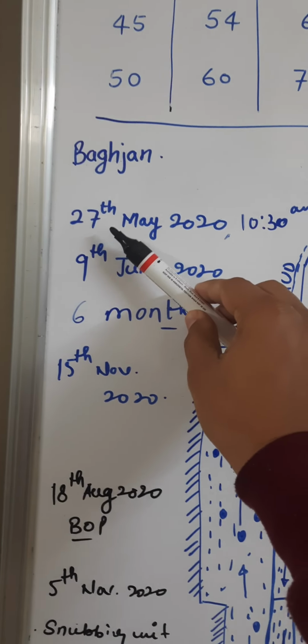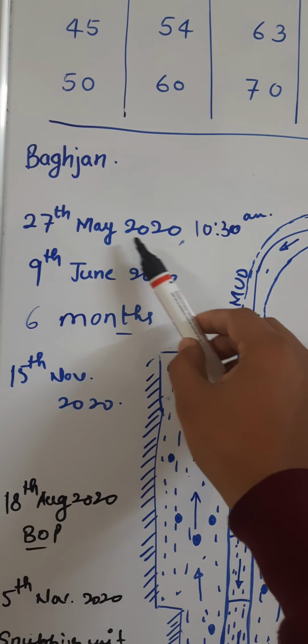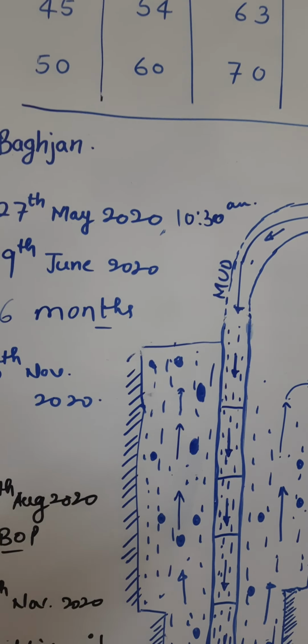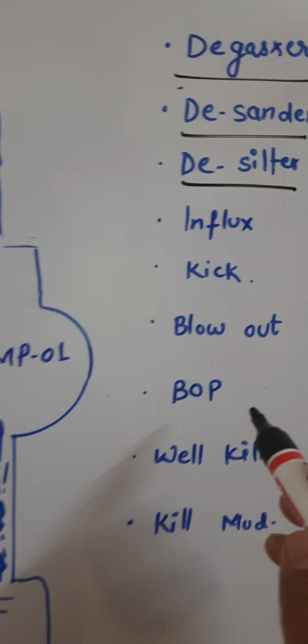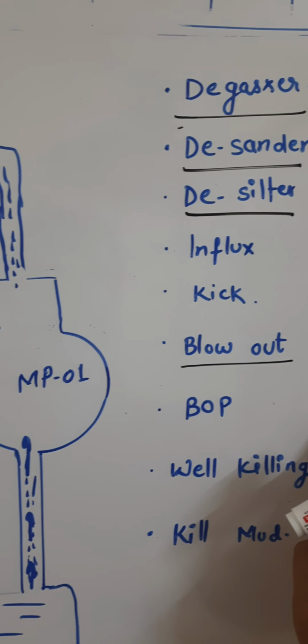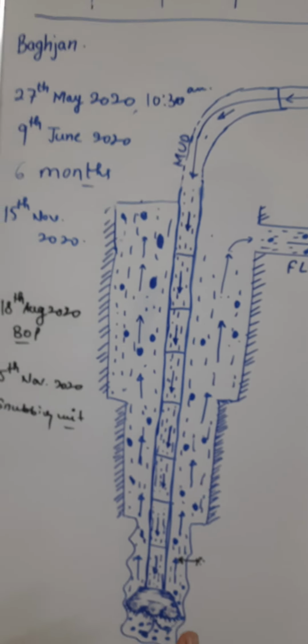On 27th May 2020, during the COVID lockdown, at 10:30 a.m., there was a blowout. This is the well.